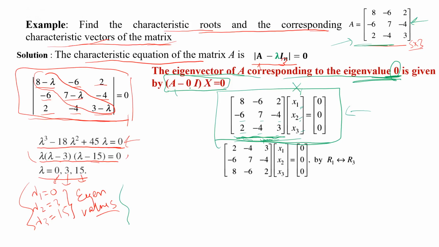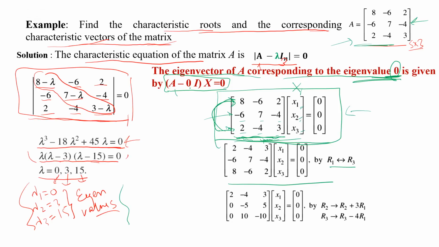So for the first operation we interchange r3 with r1, which makes it convenient to convert the system into echelon form. Then we interchange r1 with r2 and obtain that matrix.